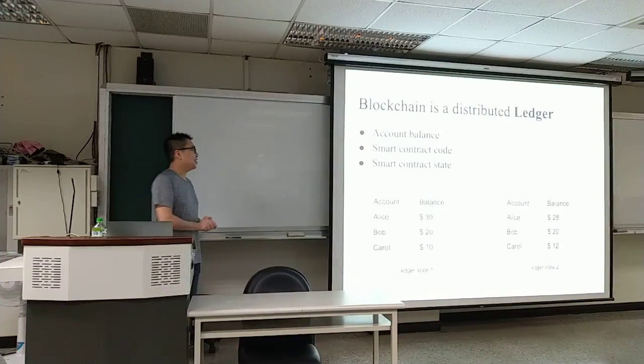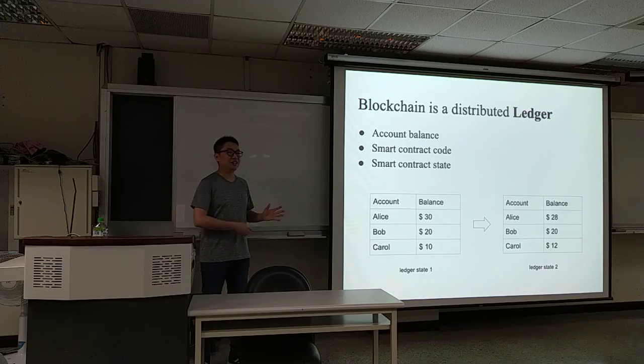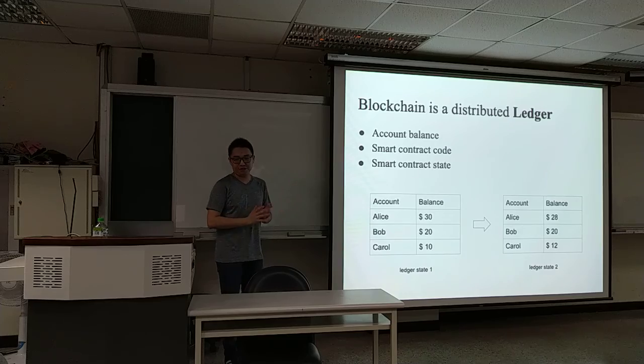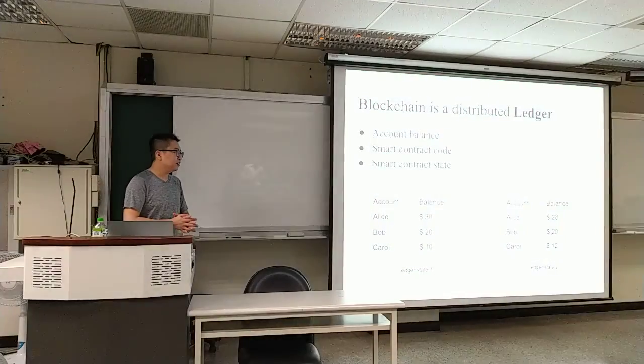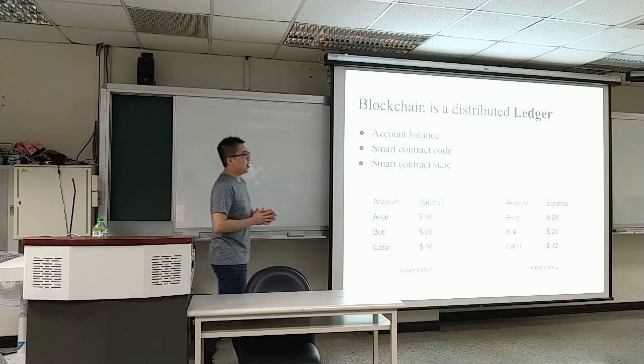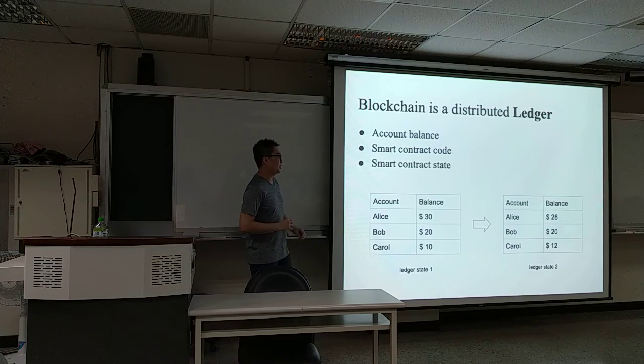I think a way to view blockchain is that blockchain is just a database. It is a ledger. It is a data structure. And sometimes, most of the time, it is distributed. Inside this ledger data structure, we can record information like account balances.